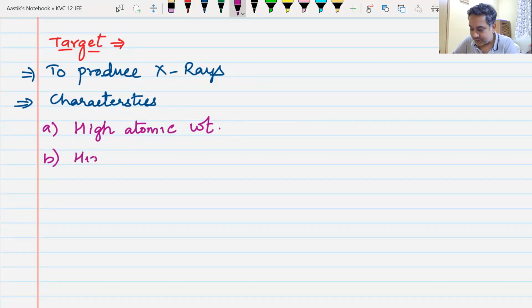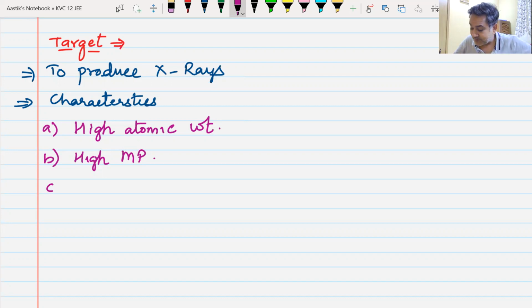Why high melting point? When X-rays are produced, these high energetic electrons are hitting it. The target gets very hot. Temperature increases. If it is made of a metal with a low melting point, it will melt, and instead of X-rays, this molten metal will come out of the window. We don't want molten metal to come out of the window. We want only X-rays to come out. Therefore, it must have a high melting point so that it does not melt.